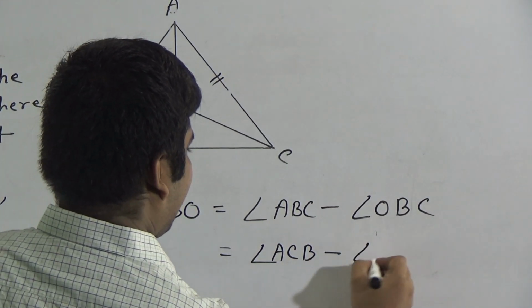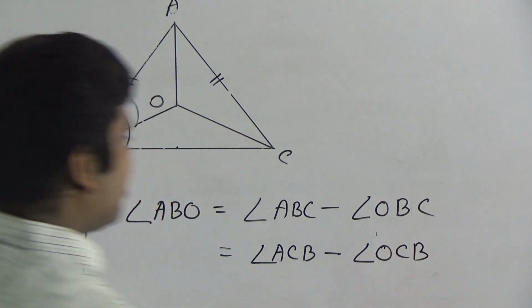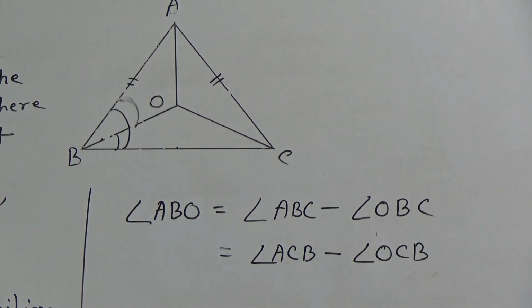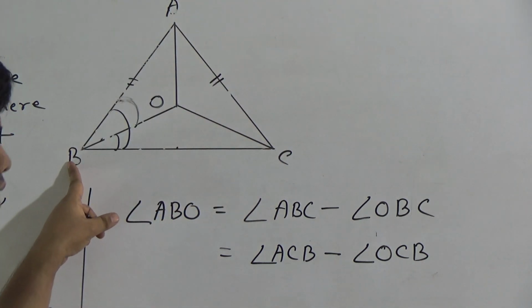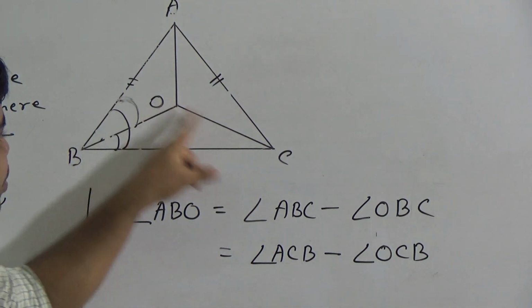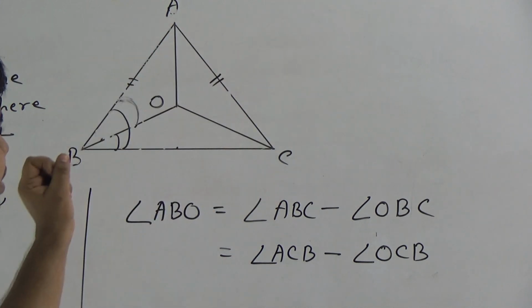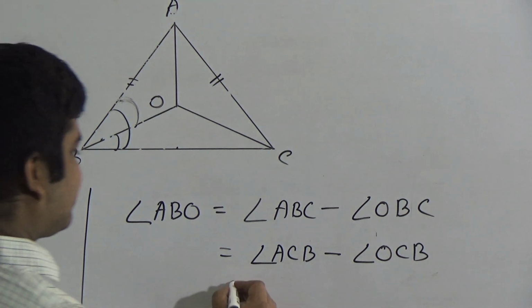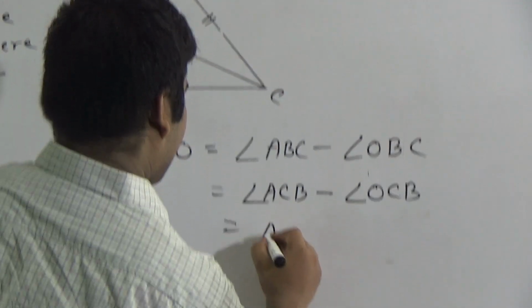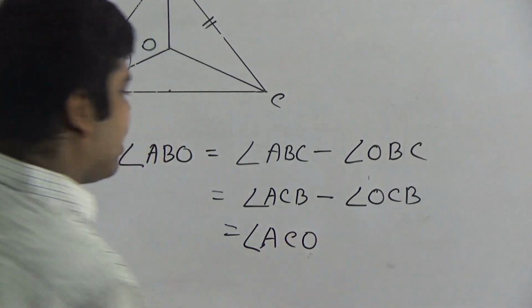ACB minus OCB. My dear students, now we notice here ACB is the whole angle and we subtract OCB from the whole angle and we get ACO. I hope you have understood.